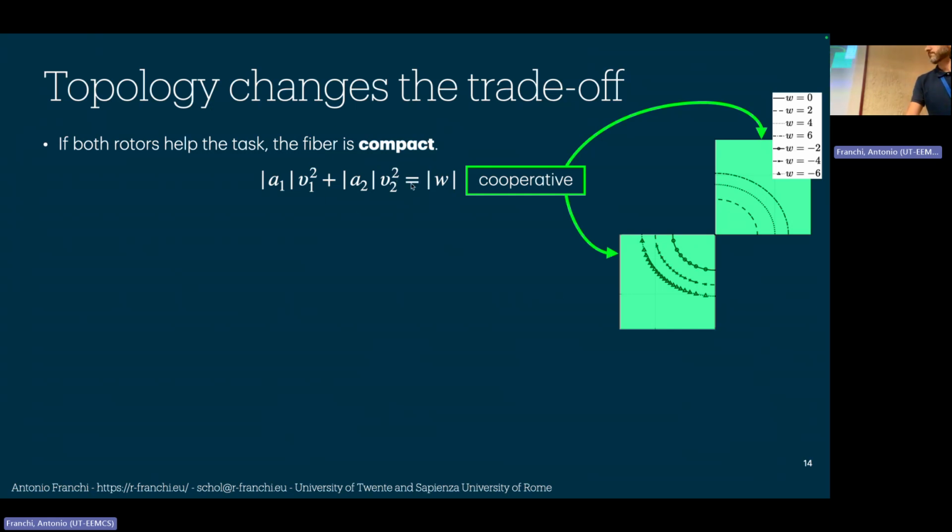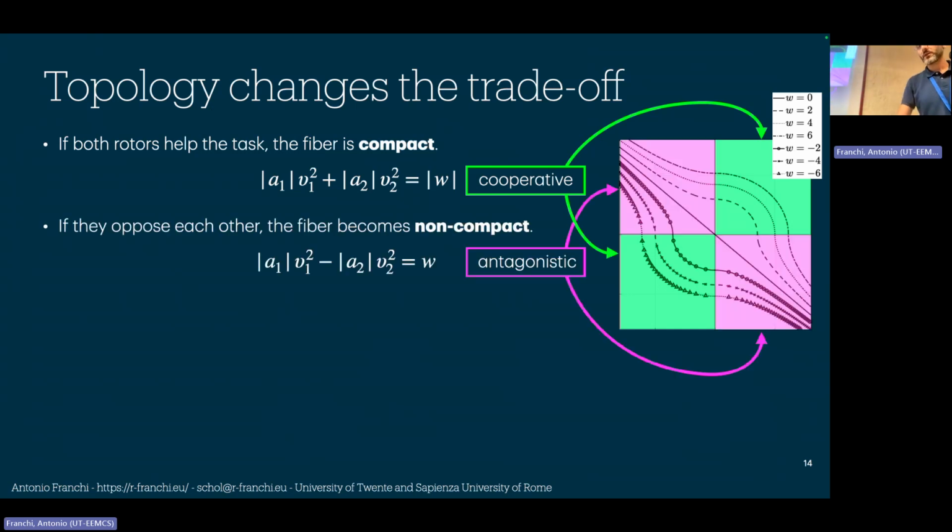And this is the formula of an ellipse. So you see on the right here, ellipses. And each ellipse is a particular fiber, a particular task. Now, if we instead put them in opposition, so one thrust in one direction, another thrust in another direction, they are antagonistic in co-contraction, then the fibers look topologically very different. They look like hyperbolas because there is a minus here.